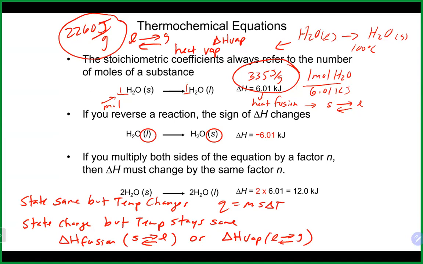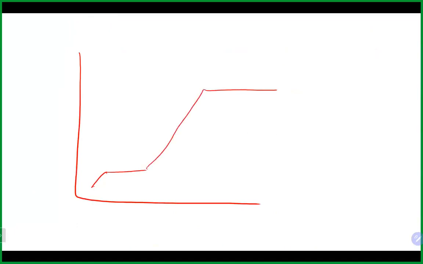For example, if we took ice at 0 degrees Celsius and took it all the way up to steam at 100 degrees Celsius, there are many stages that occur as that process happens. So if we looked at it like a heating curve, let's just say that that is steam up here, that is liquid water, and that is ice.